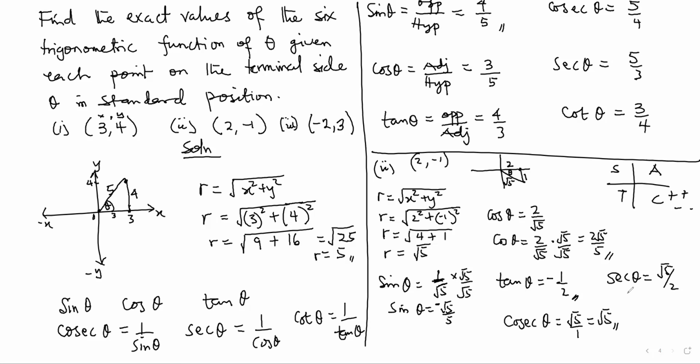So once again, in this quadrant, cosec ought to be negative. Take note of that. Then in this quadrant, sec and its cos inverse, they are all positive, so we don't negate this one. Then for tan, the inverse is cot, and that will be 2 on 1, which is the same as 2. So once again, we need to do what? Negate it.